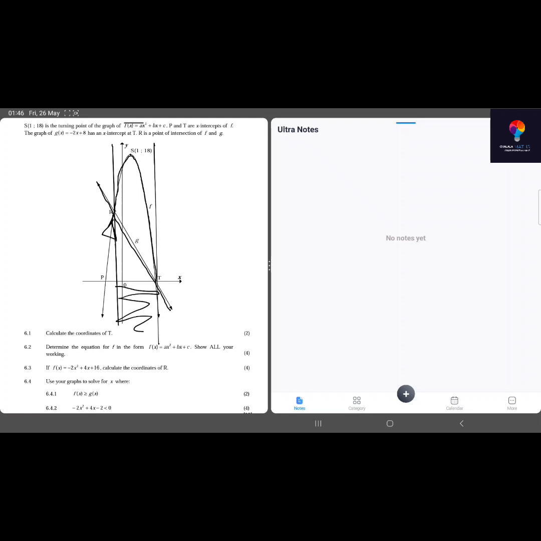Therefore, hence I'm saying it's simple. We know the coordinates of R, we know the coordinates of T.